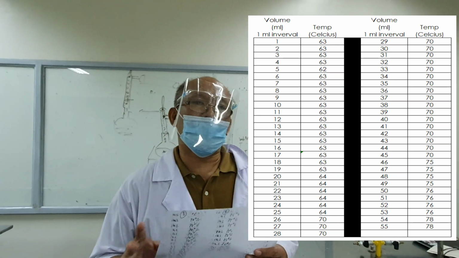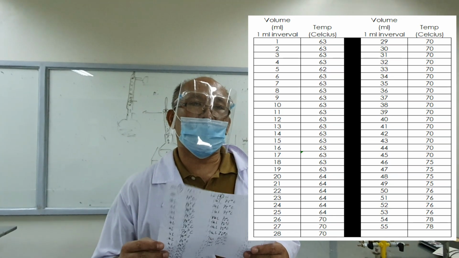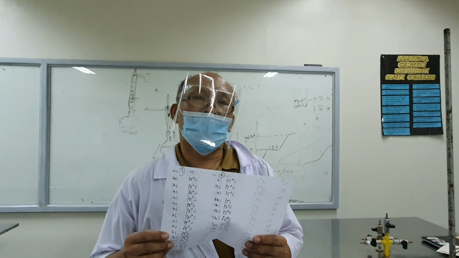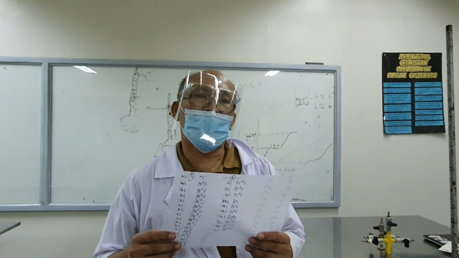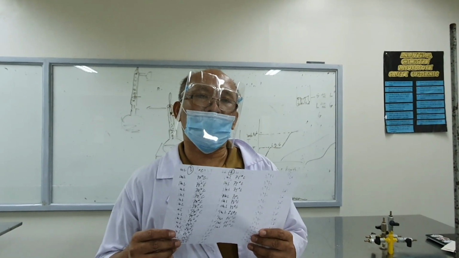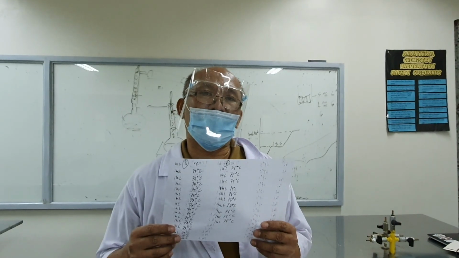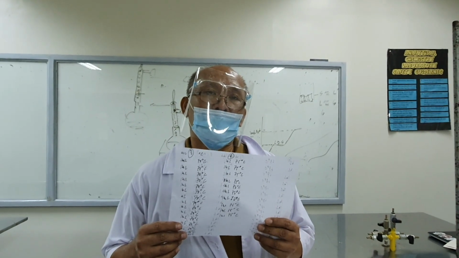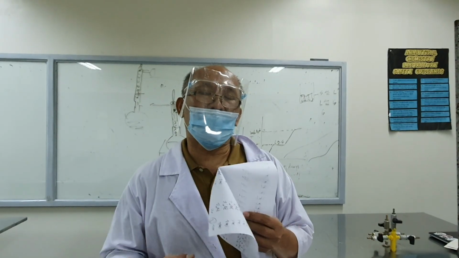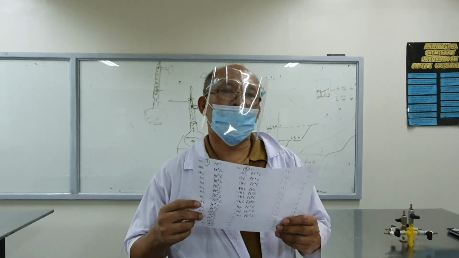You have the data already, so you plot using Excel, y-axis temperature, x-axis volume of the distillate by 1 ml, no? So you have 1, 2, 3, 4. Or because you have a lot of data points, maybe you can plot it by 2 ml plus 2, 4, 6, 8, 10. Okay? So that's it for this experiment.